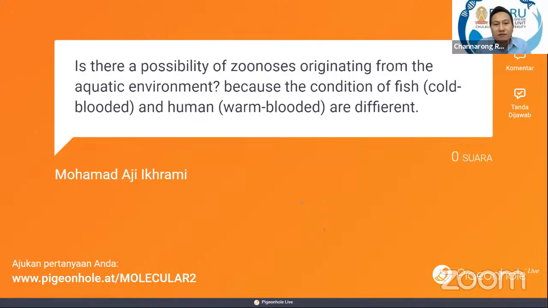The human cases we found infected with this are usually immunocompromised people who stay together with activities related to the aquarium, such as aquarium watching.